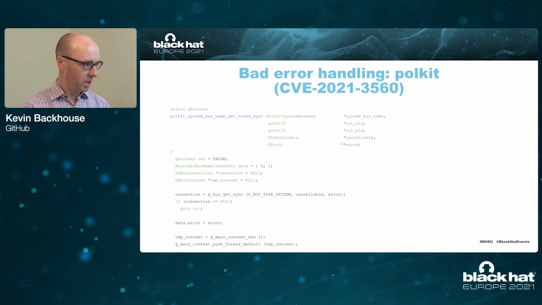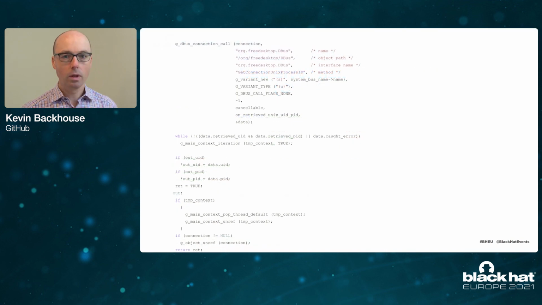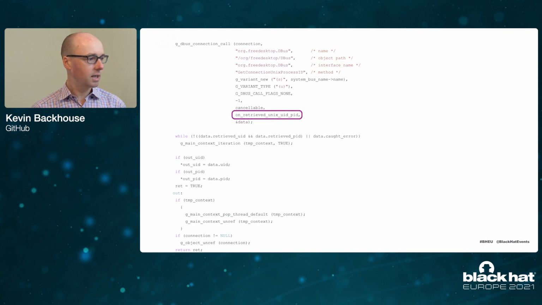Okay, so let's zoom in here. This bug is very similar to the last one. It sends a message to the dbus-daemon, and when it gets a reply, this callback function is called. What that callback function does is it sets the fields of the struct called data.